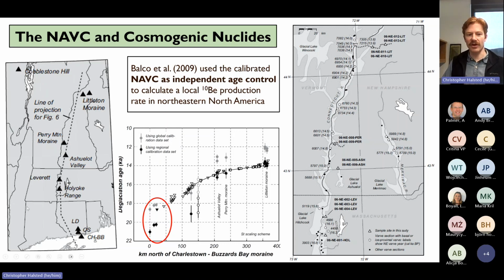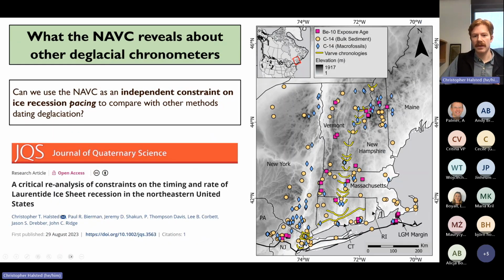The North American Varve chronology ends midway through Connecticut. And so there's about another 75 kilometers from the end of that varve chronology to the terminal moraine where there's no varve constraint. And the cosmogenic and the radiocarbon ages thoroughly disagree by thousands of years on the date of that ice recession. And so that is where my project really kicked in.